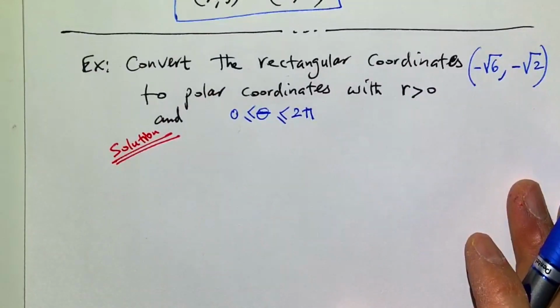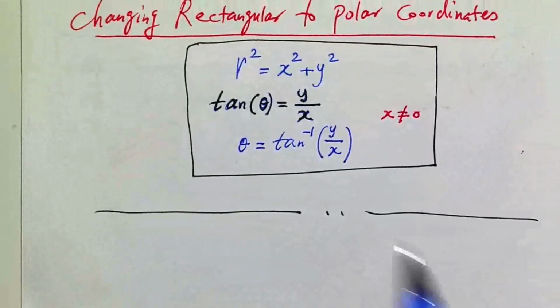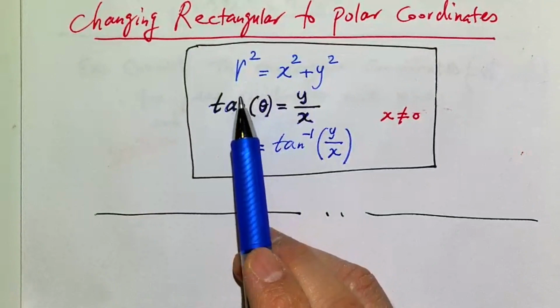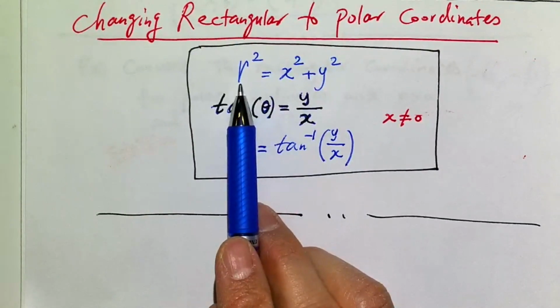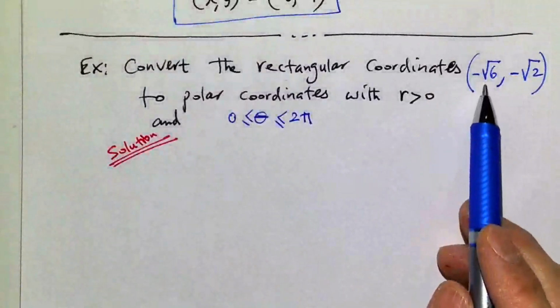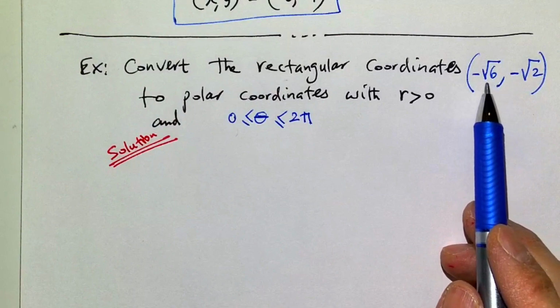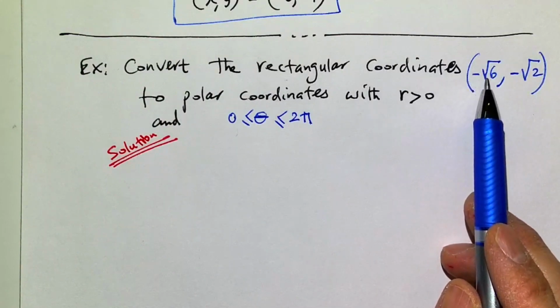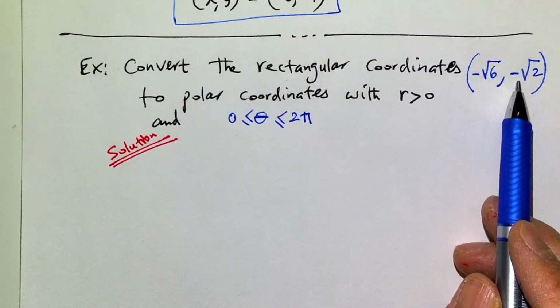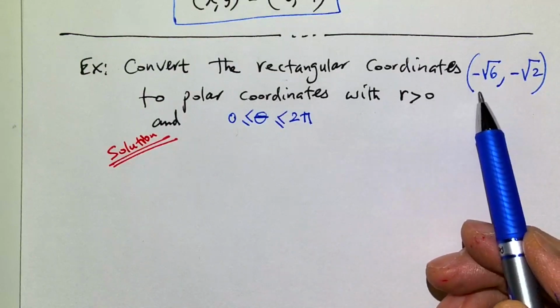Okay, so here our formulas will be these, right? For r, we're going to need to use this formula, r squared equals x squared plus y squared. That's easy because this is our x, this is the y. So r squared is equal to this squared plus that squared, and then we can take the square root of that to find the value of r, right?